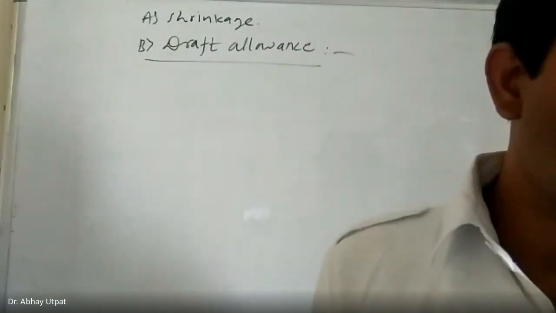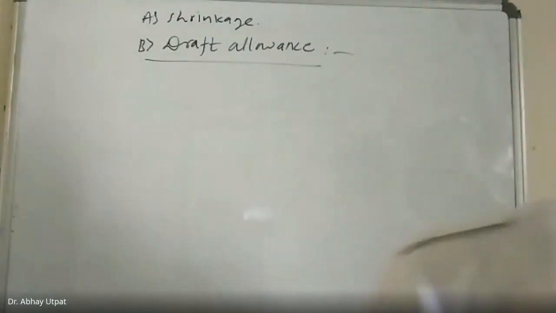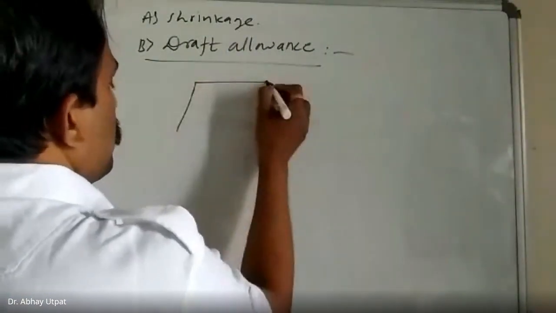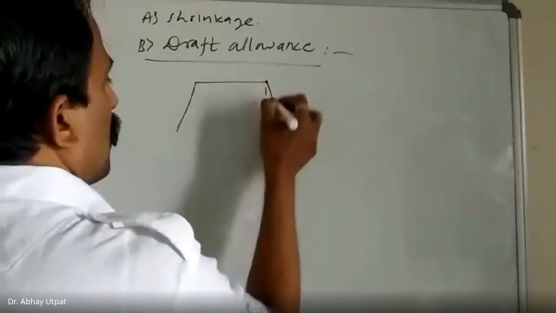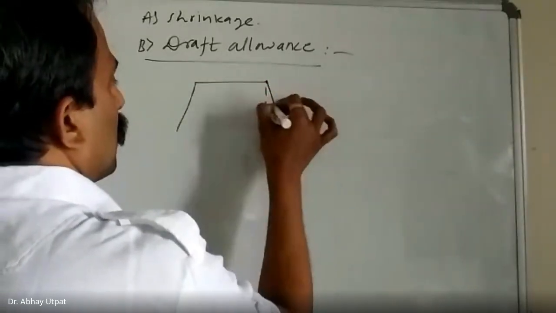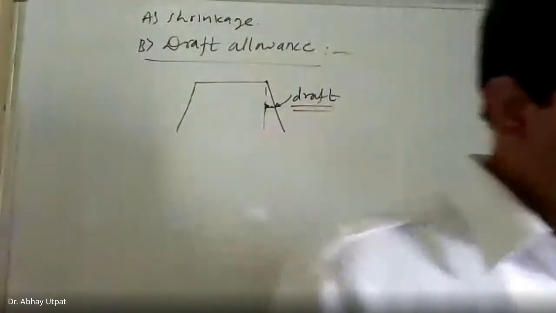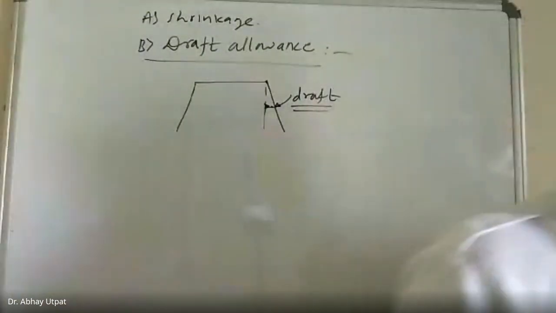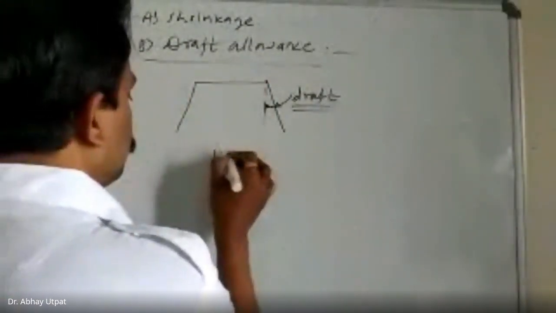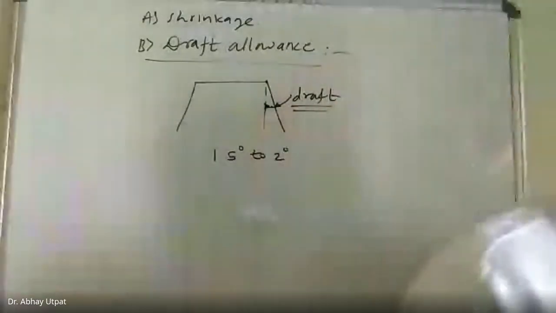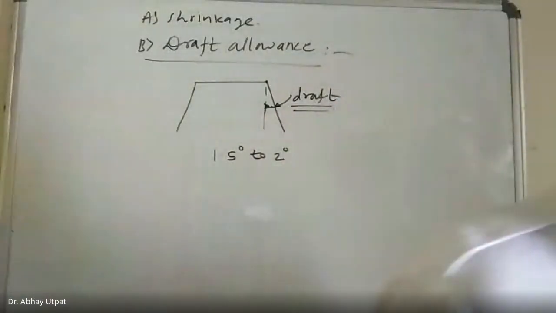It is the degree of taper provided for easy removal. Draft angle of 1.5 to 2 degree per side.